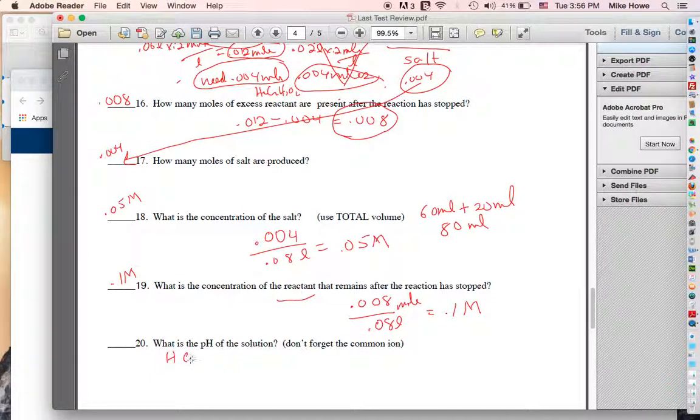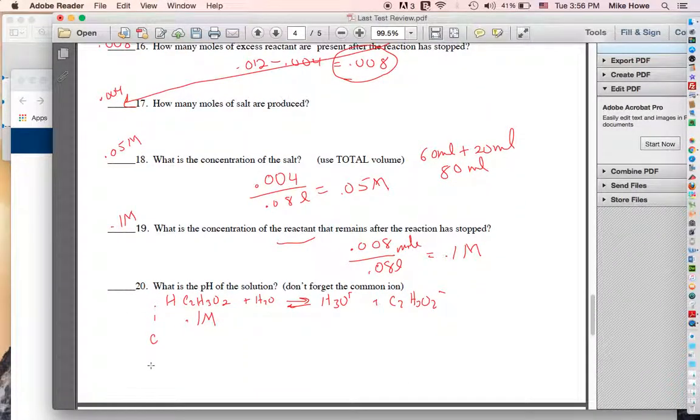So HC2H3O2 plus water makes hydronium ions and acetate ions. We know that the original concentration of this is 0.1. Since it's weak, you need to ice it. So that's initial, change, and then equilibrium concentrations.